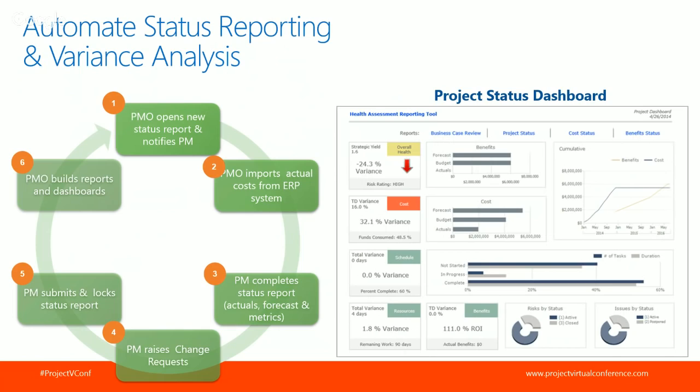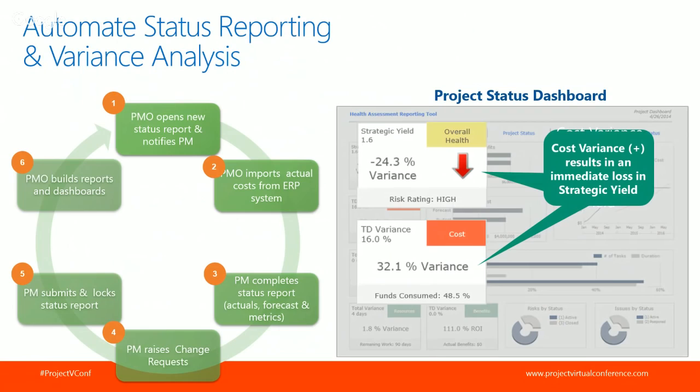Now, at this point, this is where change requests can be raised for 2 reasons. One, to request more money if forecast is greater than plan, or two, to give back money if it looks like they're not going to be able to spend all the money. So we'll talk more about change requests in a second. The PM then can submit and lock the report and automatically notify the PMO that they are done, and that leads to the reports and dashboards being automatically triggered.